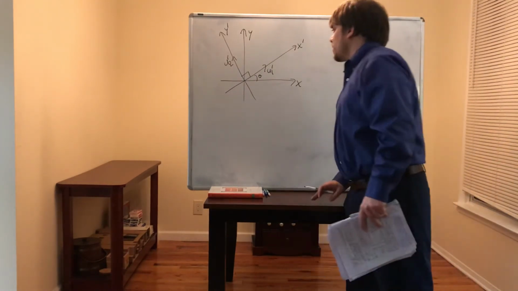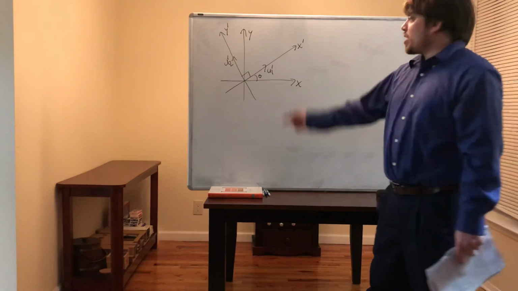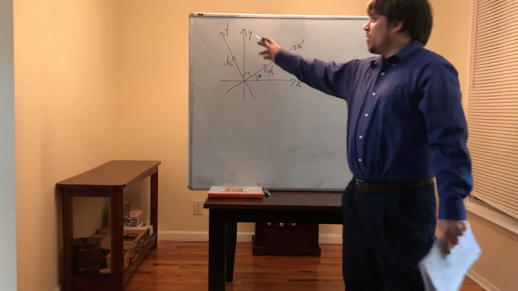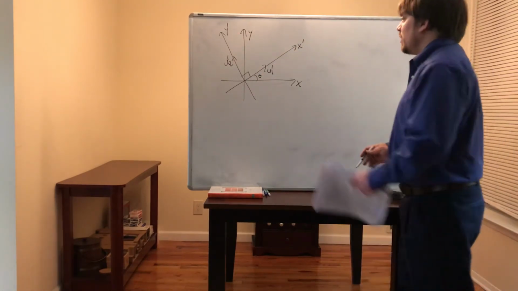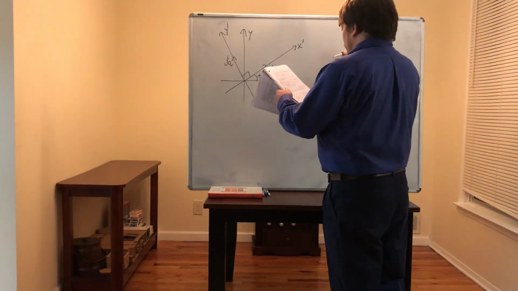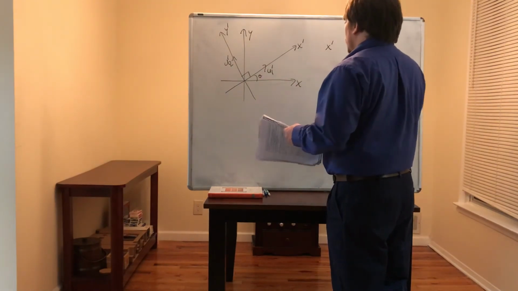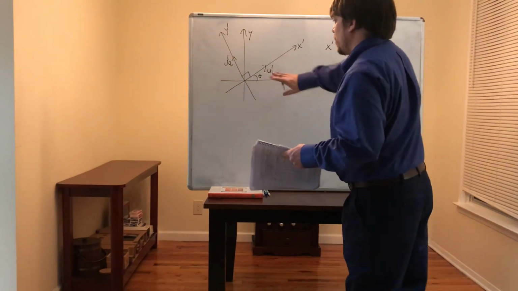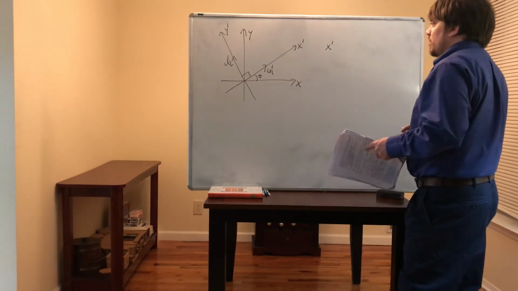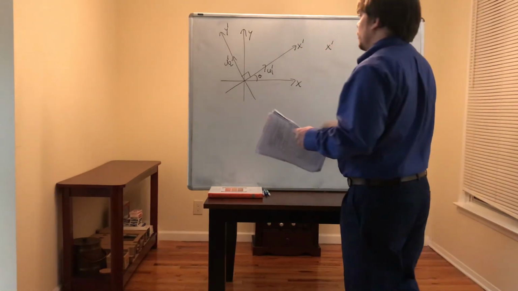Then my new axes I'm going to call x prime and y prime. X prime is x after it's moved, y prime is y after it's moved. Now I'm going to relate the coordinates relative to the old coordinate axes to the coordinates relative to my new coordinate axes.